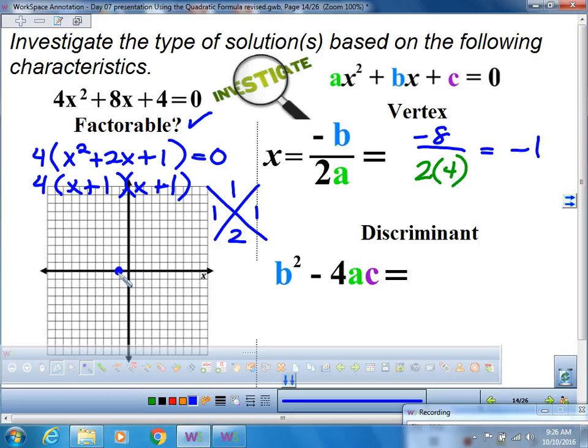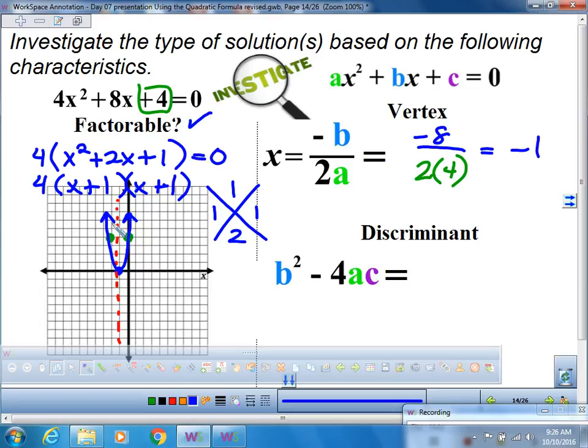And I already know it skims the x-axis, and I know it has a y-intercept at 4. 1, 2, 3, 4. And since it skims, I already knew that this was my axis of symmetry. And I already know that since it's symmetrical, so I already know that my parabola looks like this.